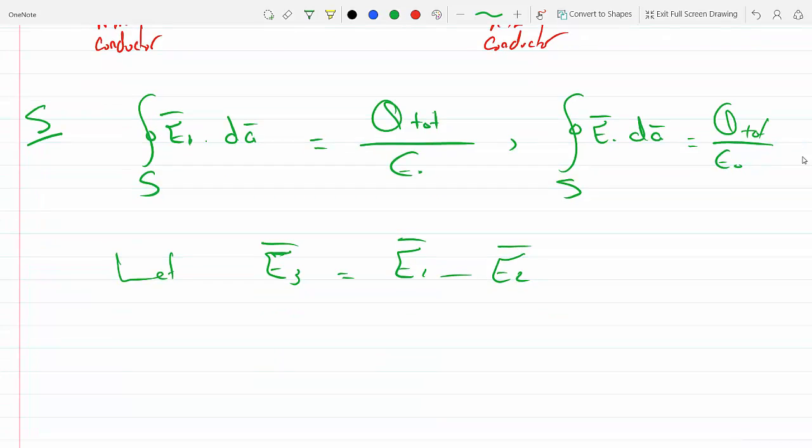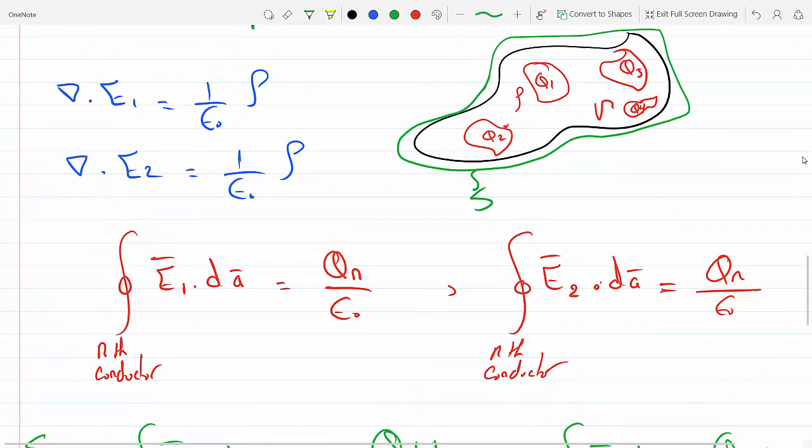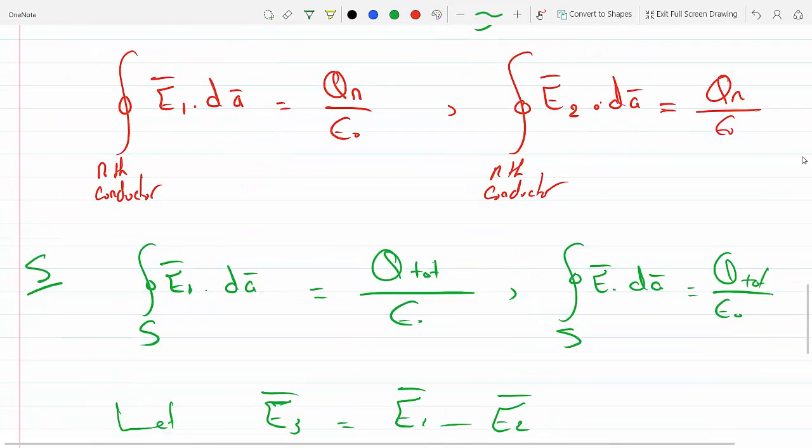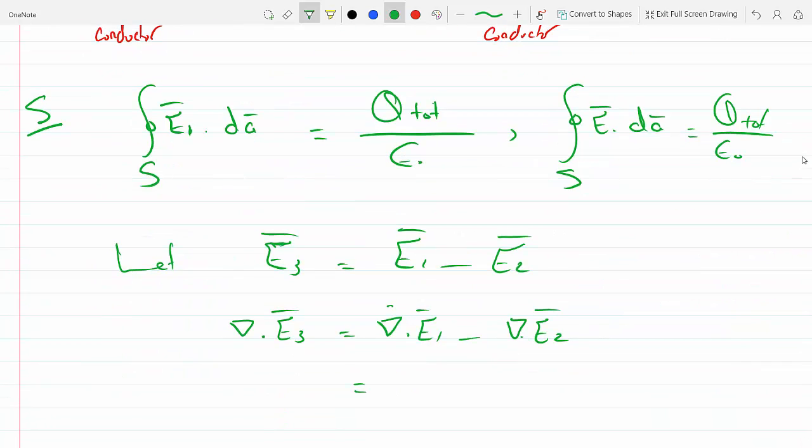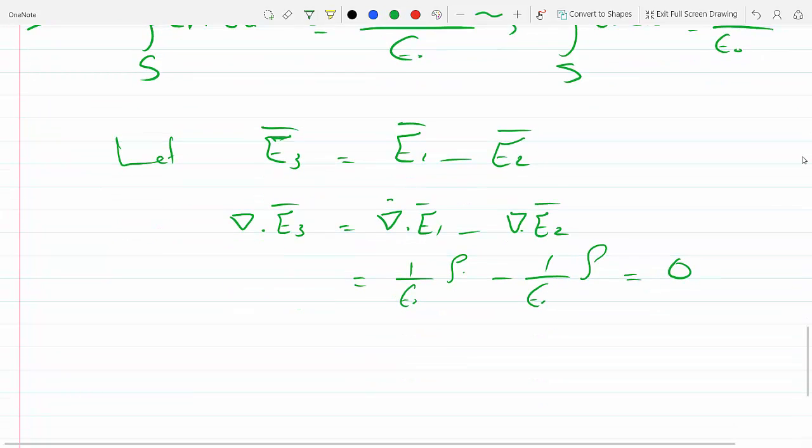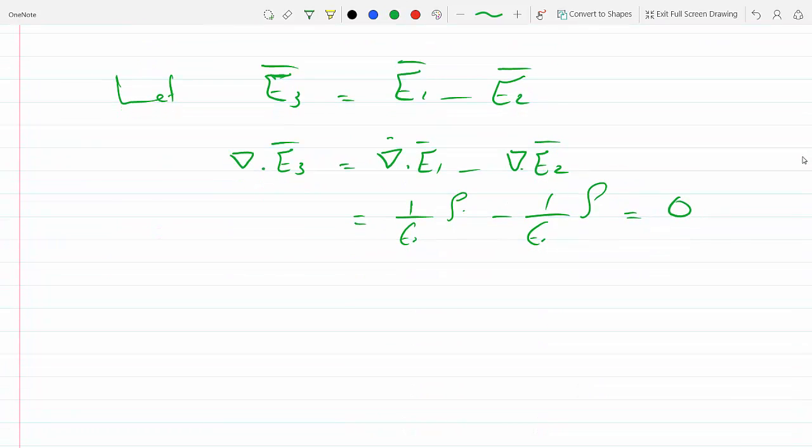The divergence of E3 has to equal the divergence of E1 minus the divergence of E2, and since their difference is zero, because this is 1 over epsilon rho minus 1 over epsilon rho, this equals 0.